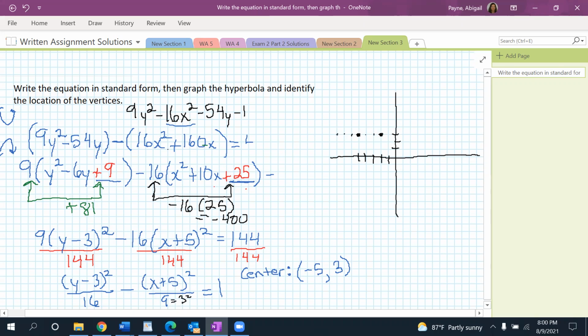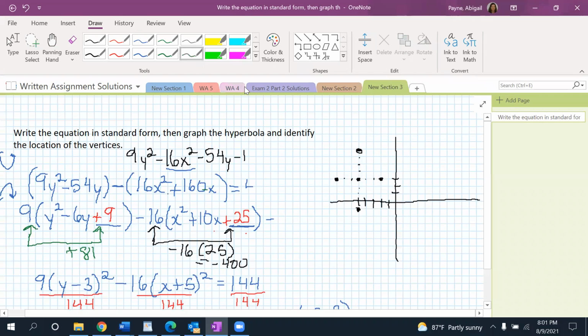Okay, there's 2 sides of the box. And vertically, I look below the y expression, I see 4 squared. So I'm going to go up 4 and down 4 from the center. 1, 2, 3, 4, and then 1, 2, 3, 4. Okay, and I'm going to use a lighter color for this.